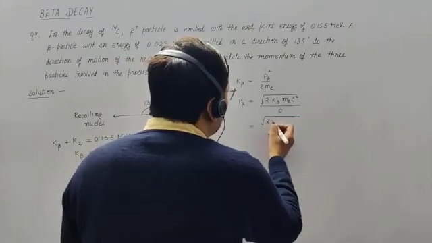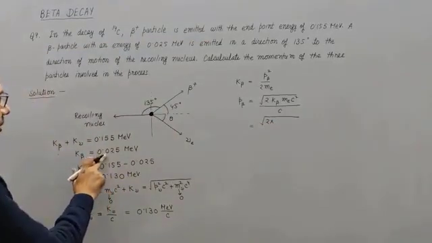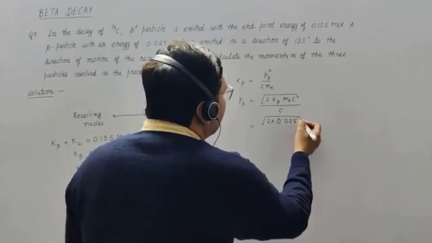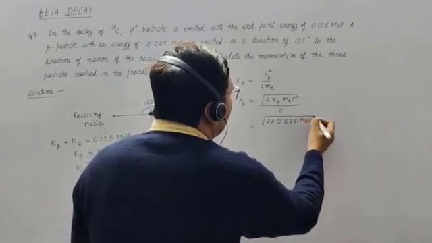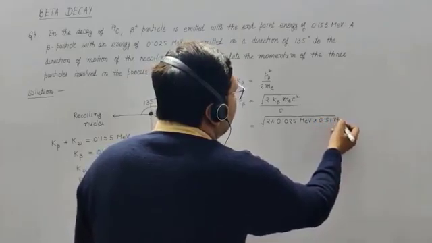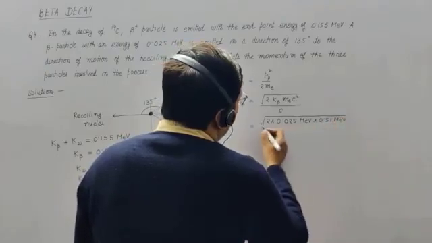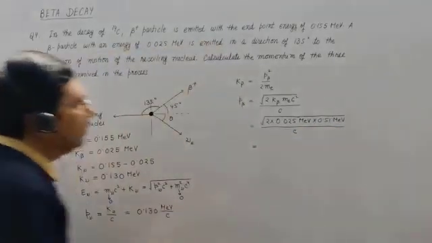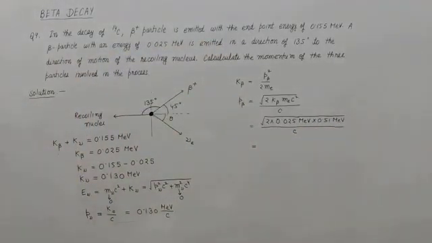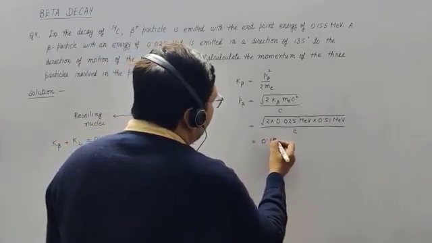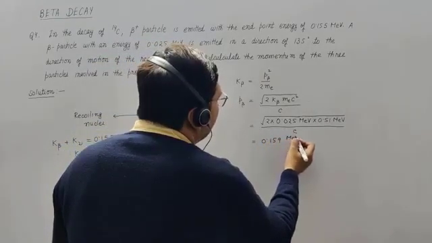Substitute these values here. This is 2 times the value of K beta, 0.025 MeV, multiplied by the rest mass energy of the electron, 0.51 MeV, divided by C. If you solve this, you will find P beta comes out to be 0.159 MeV/C.